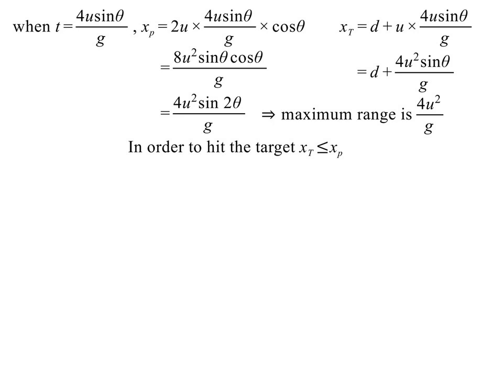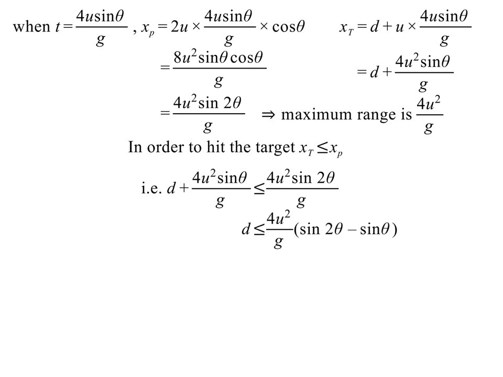So what I'm saying is I would like the target's displacement to be less than the displacement of the projectile, because then at least it's got a chance of hitting it. In other words, d plus 4u squared sine theta on g is less than or equal to 4u squared sine 2 theta on g. d has to be less than or equal to that amount there.